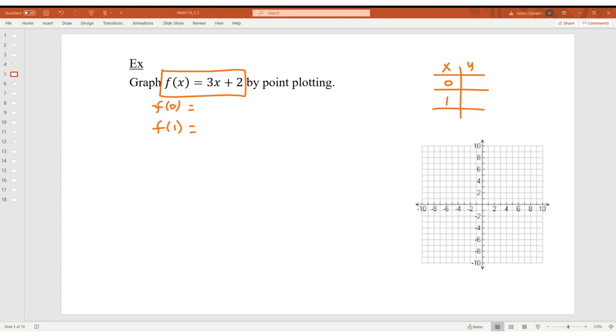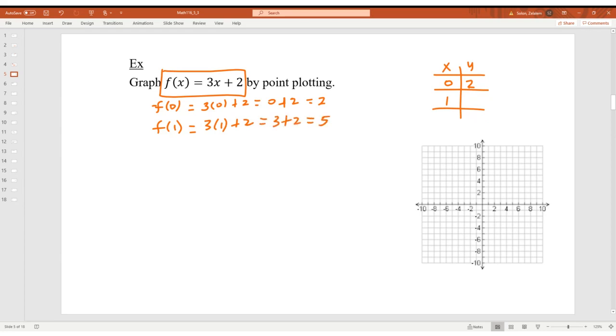So all we have to do is plug in 0 for the first one. 3 times 0 plus 2, which is 0 plus 2, which equals 2. So at 0 it is 2. Then you plug in 1. 3 times 1 plus 2, which is 3 plus 2, which is 5.